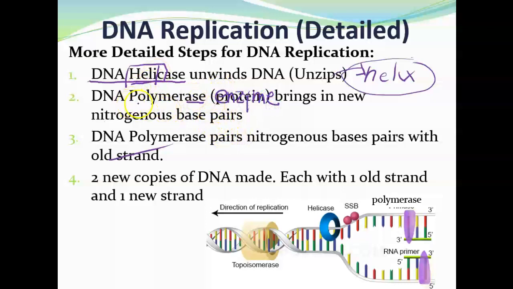Polymerase. Look at that word. Polymer, you've learned in the second unit. Polymer means a large chemical structure, and it's a chemical structure made of DNA. So it builds a DNA molecule by bringing in new N-base pairs to add to the existing ones and build this structure. DNA polymerase pairs nitrogen bases with the old strand. So what you need to understand is that the two new copies of DNA, so you can see those down here, right?